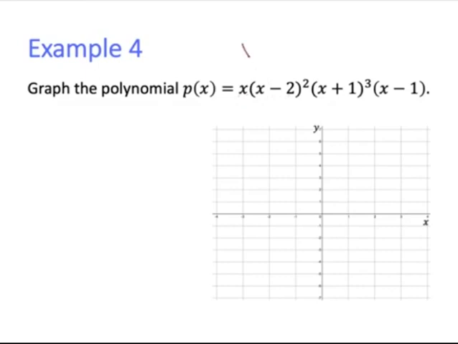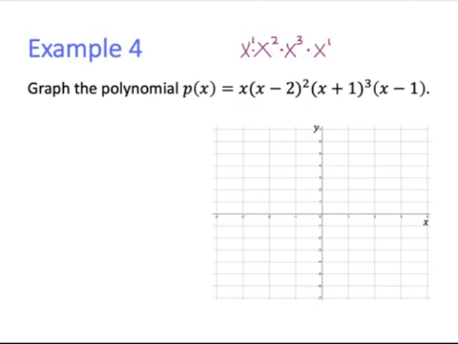So I have x times x squared, because we have an x and then it's squared, so the leading term will be x squared there, times x cubed, because for this x plus 3 factor, we have an x that's cubed as our leading term, times just x. For x minus 1, that's just a power of 1. And just remember, if it's just x, that's x to the 1.